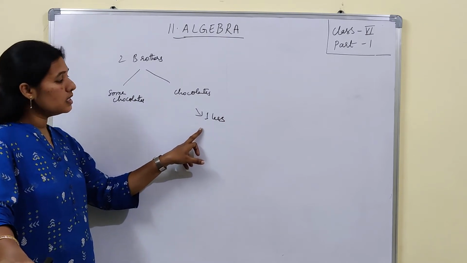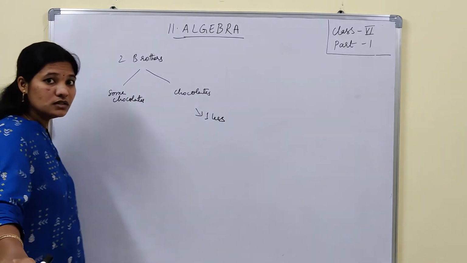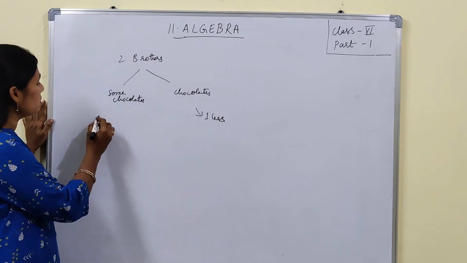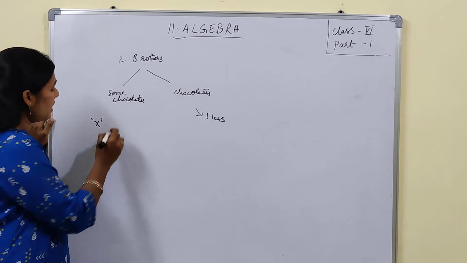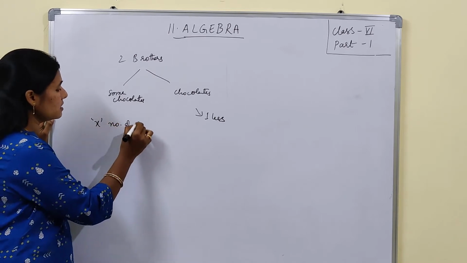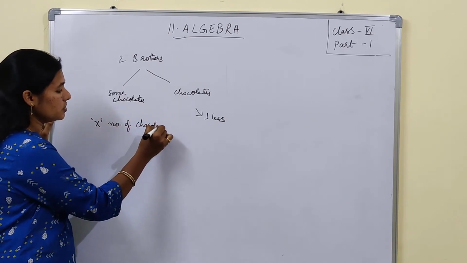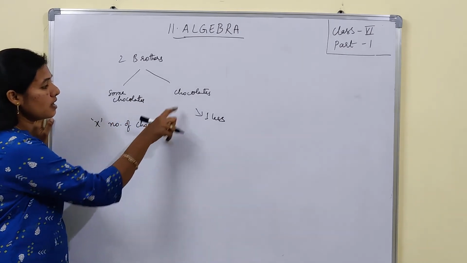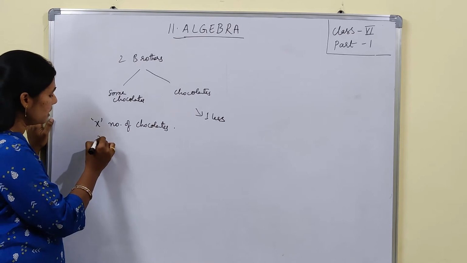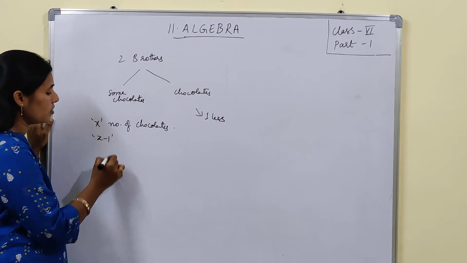You don't know the particular number, so we assume that the first brother has x number of chocolates, and this person has one less, so you can write it as x minus 1 number of chocolates.